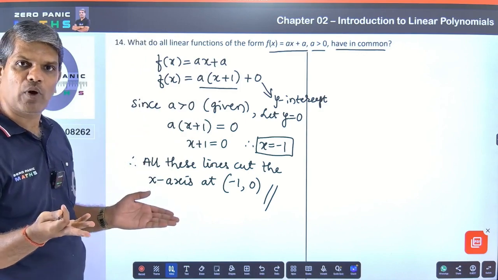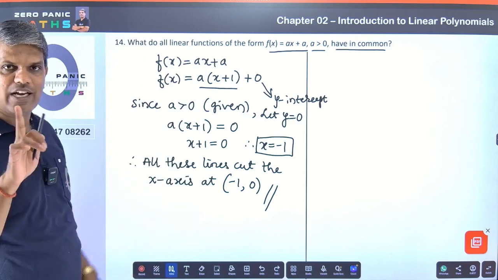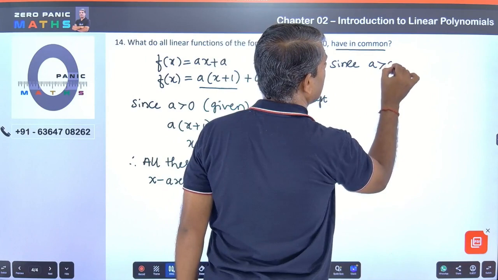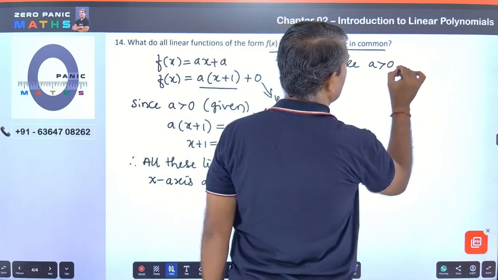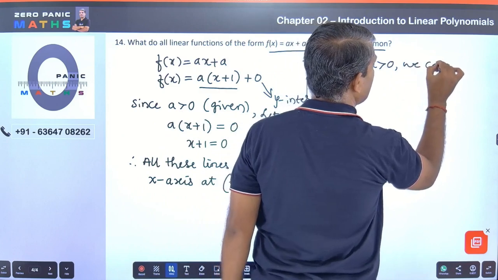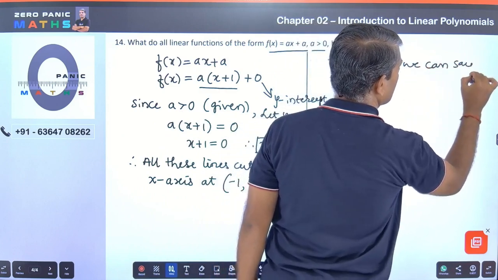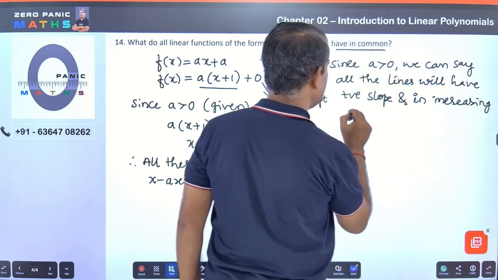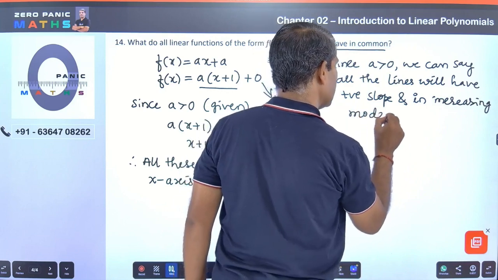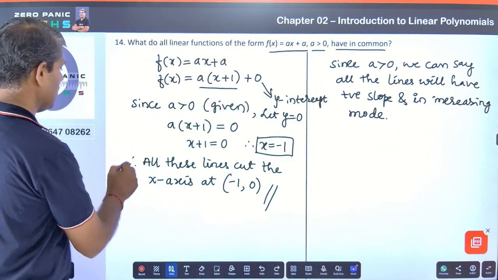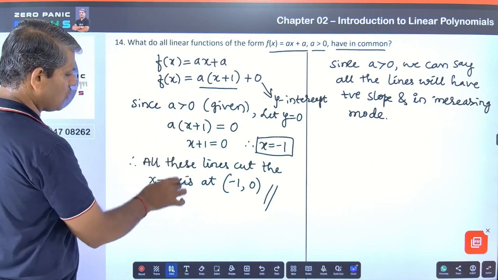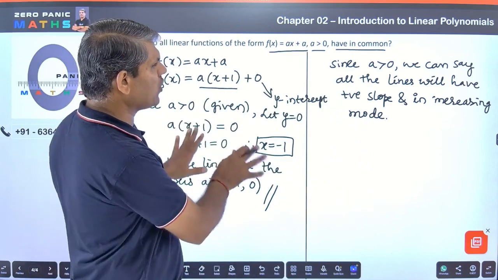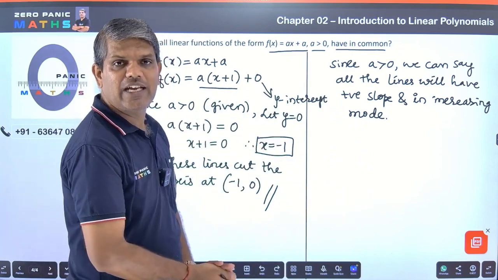That is one common point in all these lines. That is the second common point. You can just write common points and then list out all these points. That's why I'm writing it in a descriptive way.